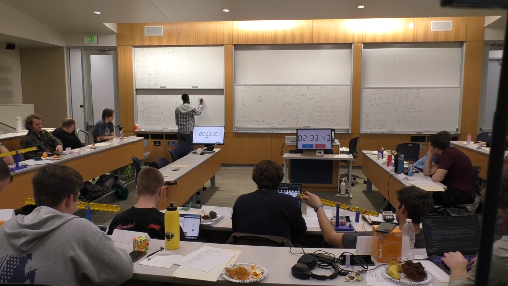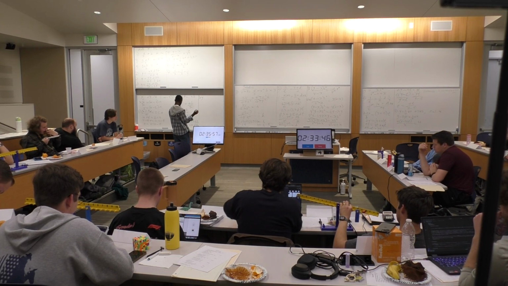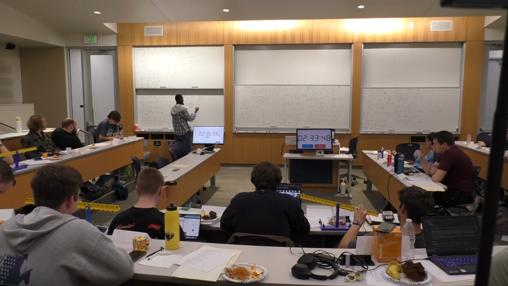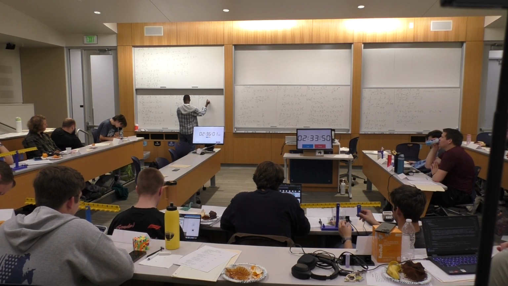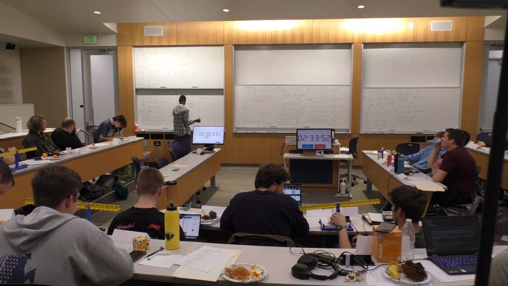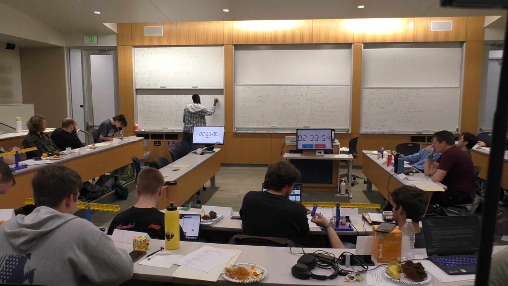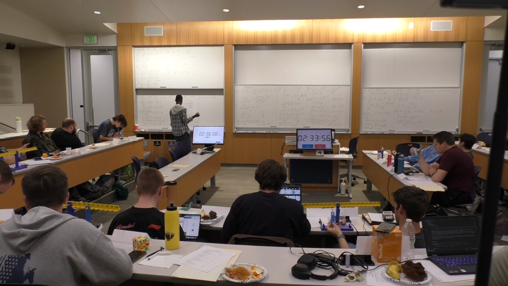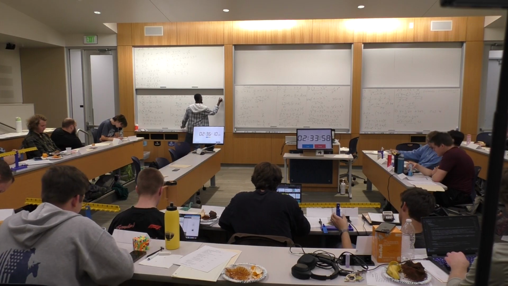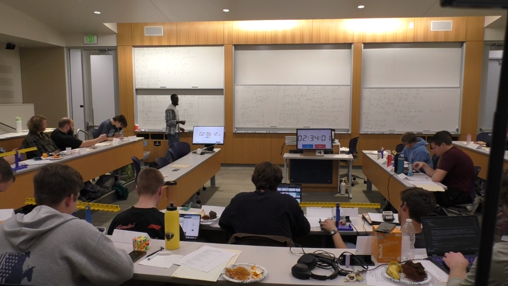Hence, from here we have xy. This will come to this side. You have minus 5x equals 5b minus ay.